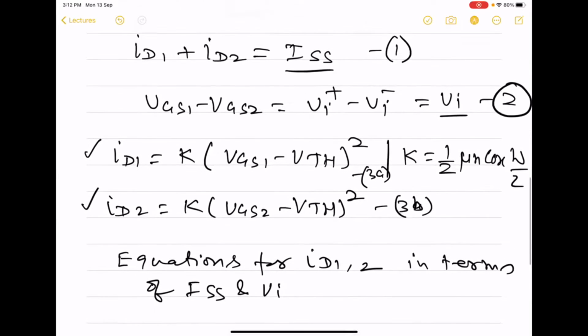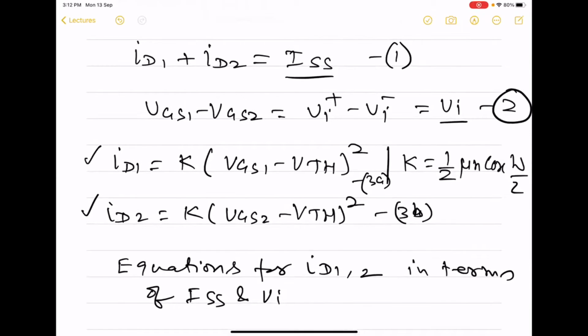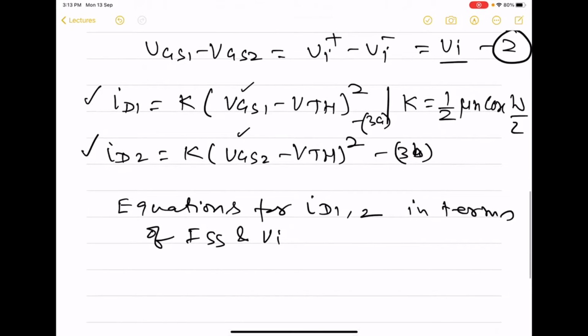So what we do is first we eliminate VGS1 and VGS2 from 3A and 3B using equation 2, and then eliminate ID2 using equation 1.